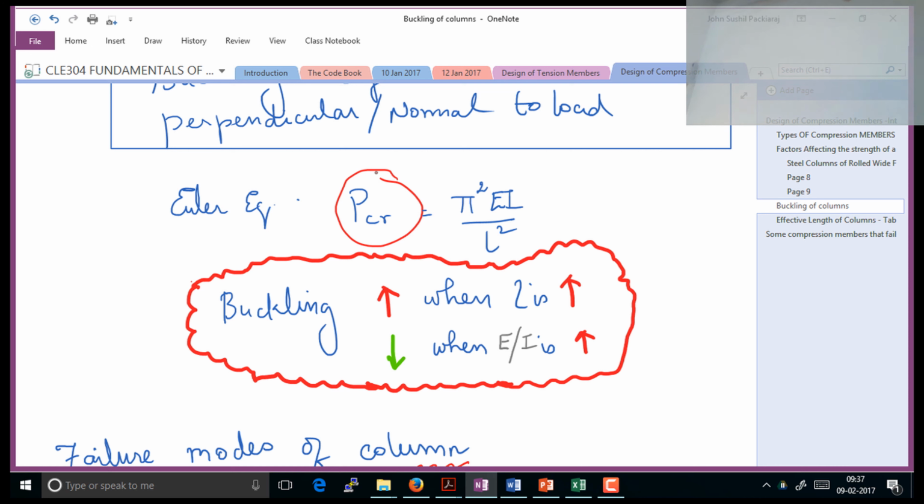When I am increasing the length, you are going to find that at a very small load, your column is going to fail. Just think of a bamboo pole which you make have an unsupported length. So initially you are having a very short strip, only about half a meter.